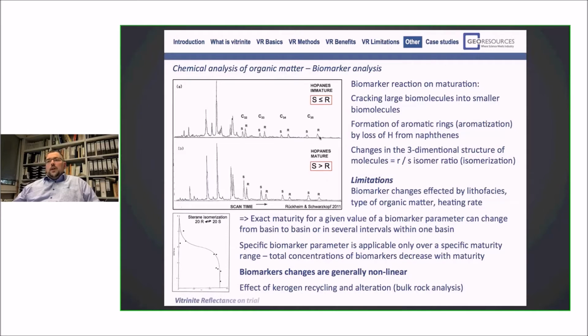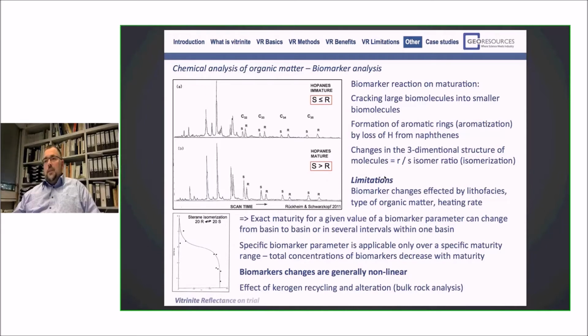And in general, we have a sort of shift from larger molecules to smaller molecules. So here in this part, the smaller molecules are increased, while the bigger ones are decreased. So that's these three things we can see here in these diagrams.